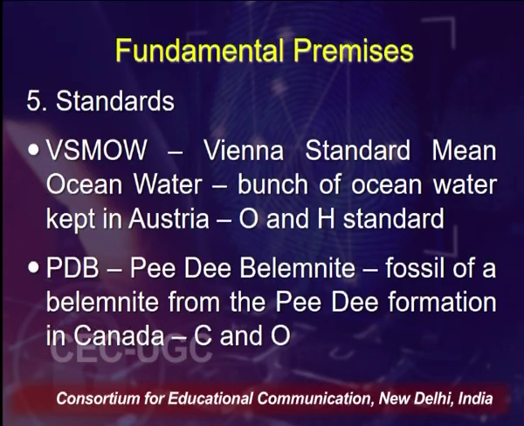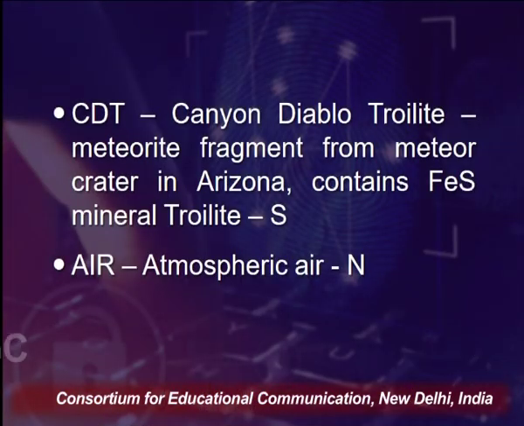Depending upon what kind of stable isotope studies we are doing and what elements we are working on, we can use different standards. Another standard is CDT, Canyon Diablo troilite, which is a meteorite fragment from Meteor Crater in Arizona, and it contains the FeS mineral troilite. Then air is the standard for atmospheric air and for nitrogen.